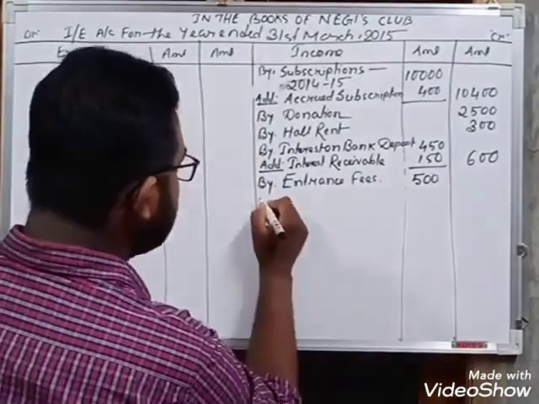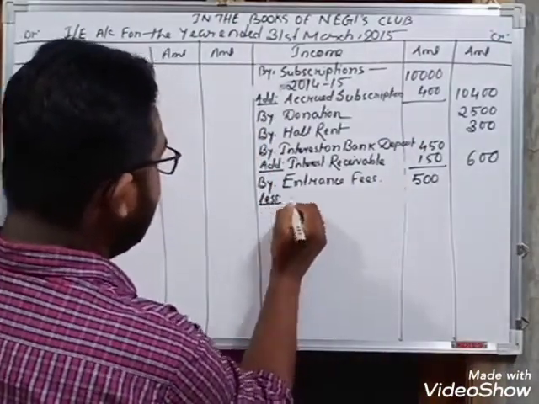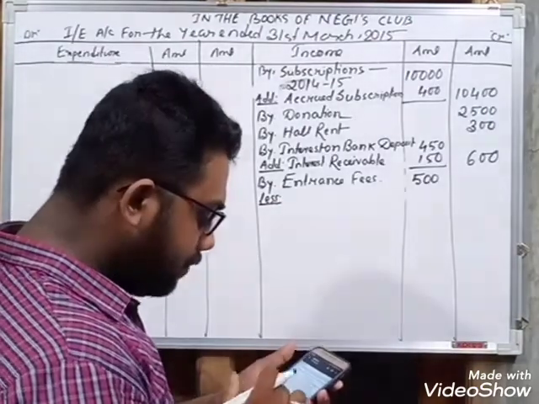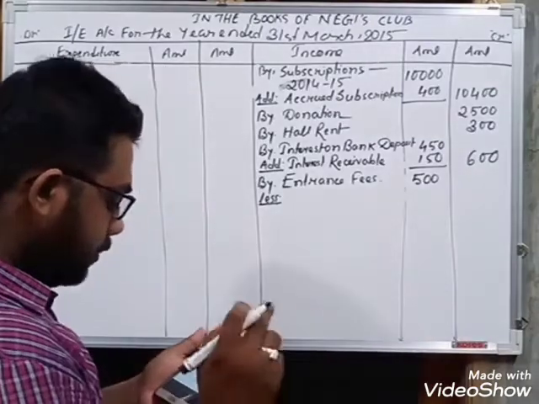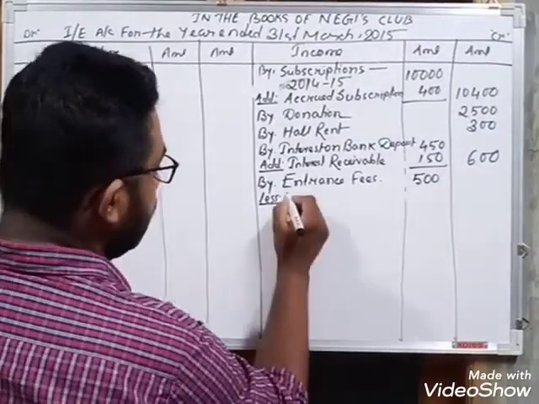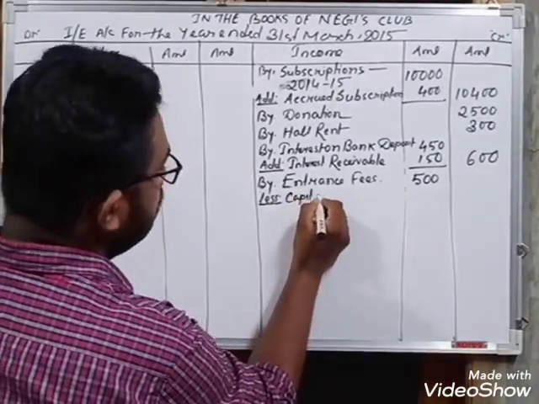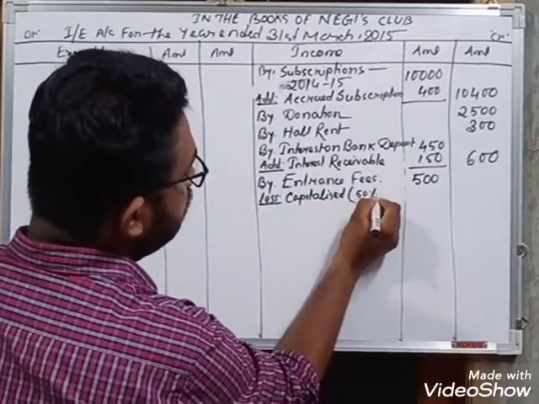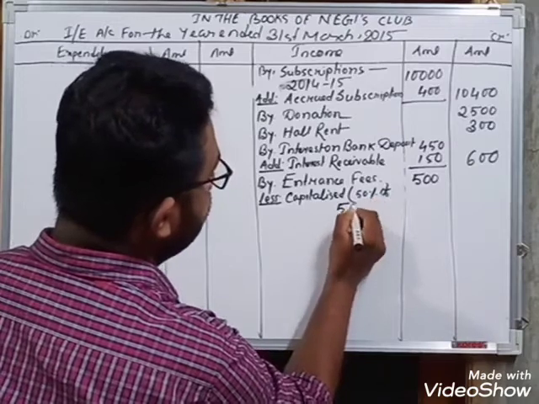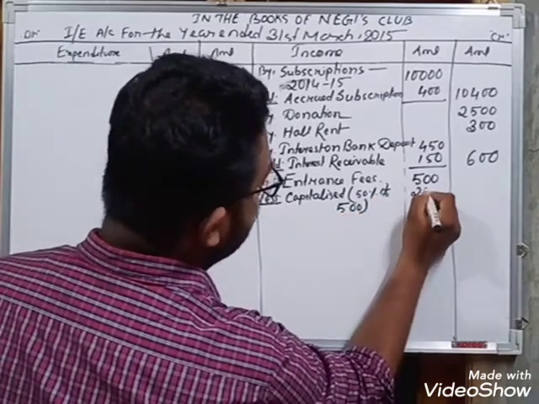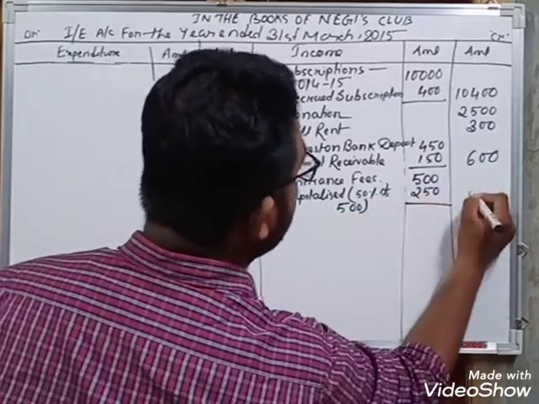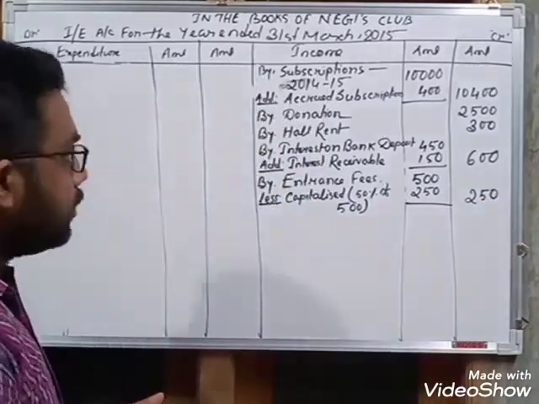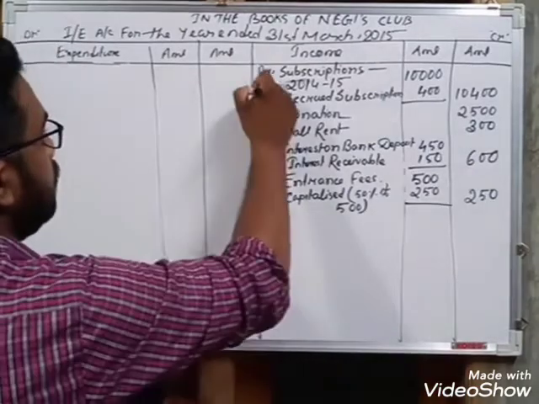So less capitalized, because it is in adjustment number 5, that 50% of the entrance fees is to be capitalized. Less capitalized, bracketed 50% of 500, 250, and the remaining 250 is our income. So this is the income of the Nagy's Club.